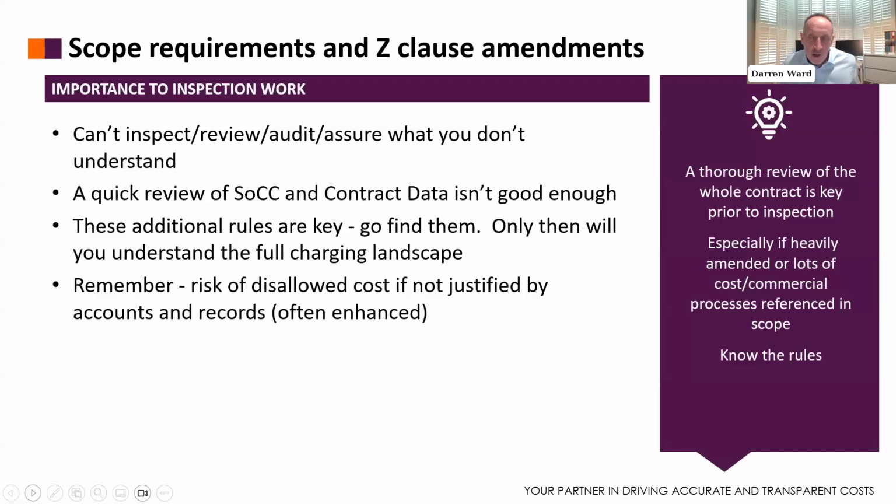So the tip there is always a very thorough review of the whole contract is key prior to any kind of inspection. And especially important if you know that contract has been heavily amended or there are lots of cost or commercial related processes referenced in the scope. So important that you know the rules.